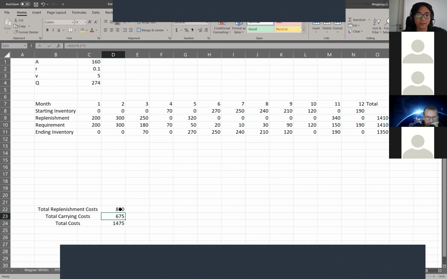And our ordering cost is 160 per order. So 5 times 160. And then here, it's just calculated by this 0.11 multiplied by our holding cost per month, and multiplied by our unit value. And then you get the sum of these two. You see that it's this number here. Is this clear? Yeah.